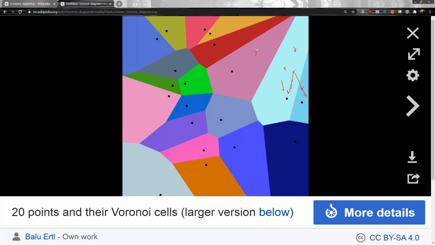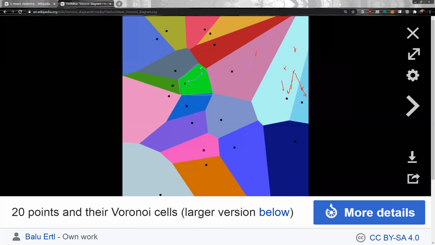And then for example, we have this point. Suppose this point is nearest to this one. So every point in green is nearest to this one.